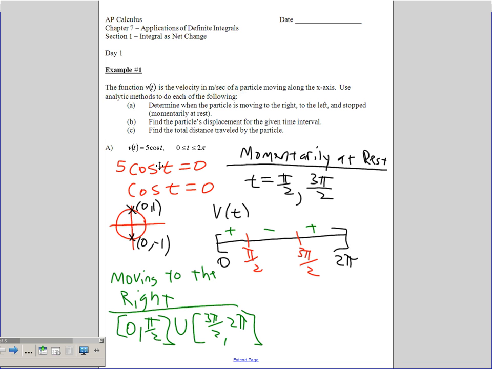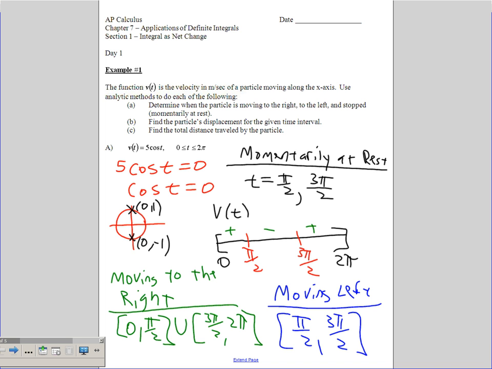It's going to be moving left from pi over 2 to 3 pi over 2. Questions on part A of this problem?